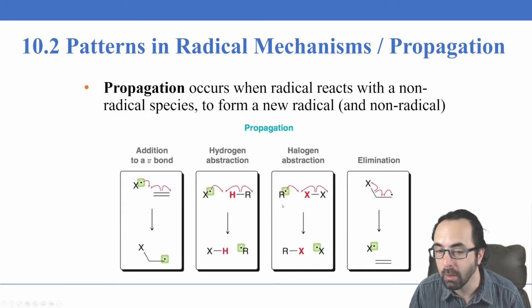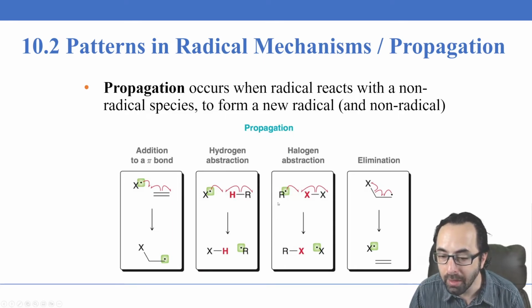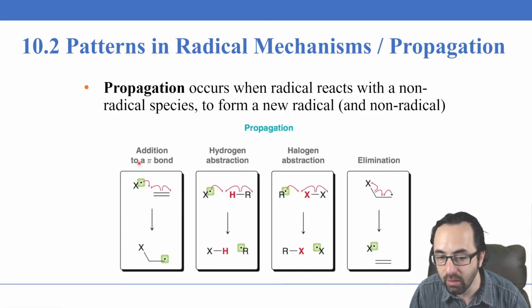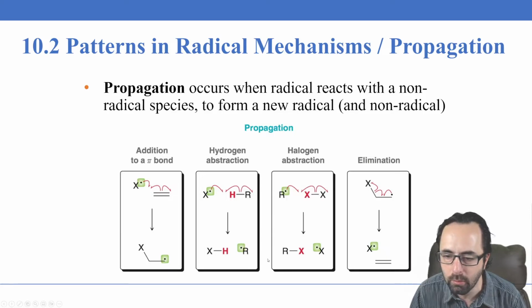When it comes to propagation, propagation steps can take many forms, but all of them involve starting with a radical and producing another radical. This will occur when you have the addition to a pi bond, starting with this radical, ultimately producing a radical. It will occur when you have a hydrogen abstraction, again starting with the halogen radical, producing a bond between the halogen and the hydrogen, and then ultimately producing a hydrocarbon radical.